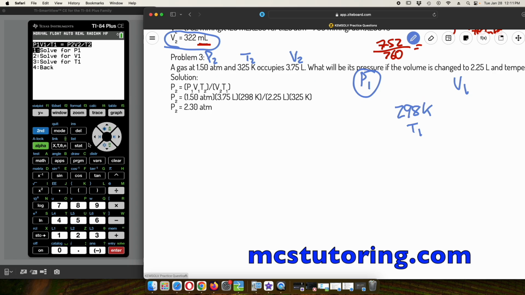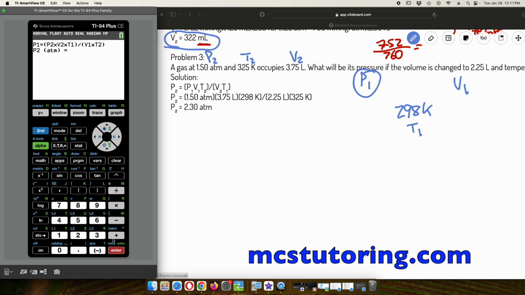So what are we solving for? P1. Great. So P2 is 1.5. Again, we're in ATM, so we're cool. V2 is 3.75 liters. And then T1 is 298 Kelvin there. Good. And then V1, volume is changed to 2.25 liters, so 2.25.